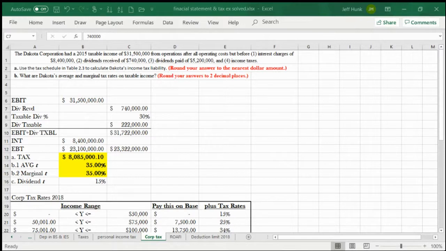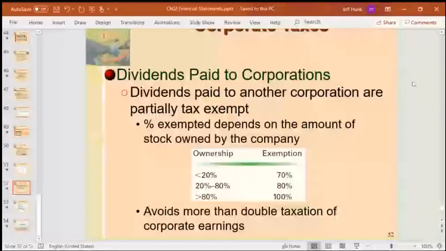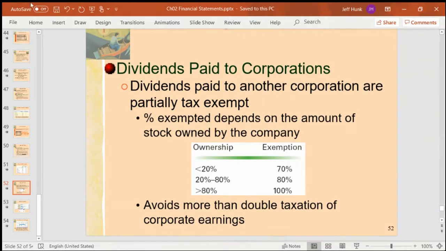So I will have to switch the file. For applications, here I'm switching back to, okay, so I hope everyone is able to see. I believe you can see this now. Okay. So dividends paid to one corporation from another corporation are partially tax exempt.